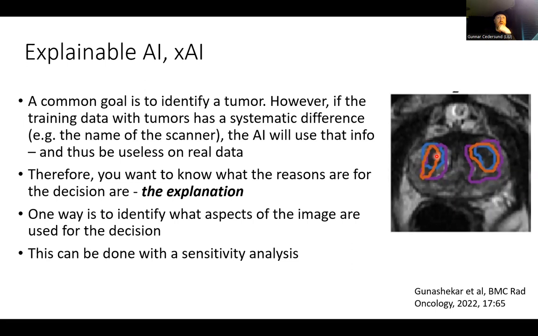If that's true for sufficiently large perturbations, then this is an important part. But no matter what you change here, you will not change the decision. Then this is not an important part of the image. So by doing this sort of sensitivity analysis, how much the decision is impacted by changes in the input, you can get this type of more information, explainable AI.